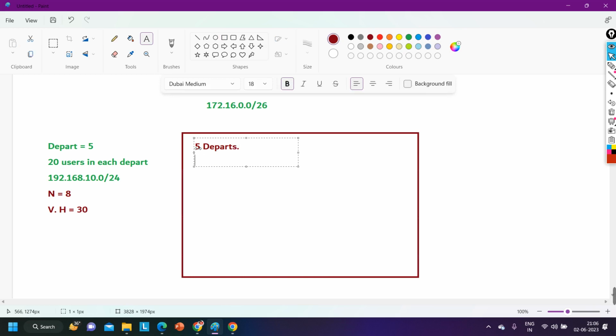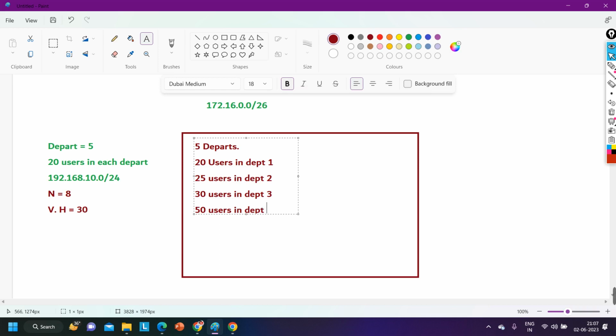In department 1 they need, let's say, 20 users. In department 2, 25 users. In department 3, 30 users.